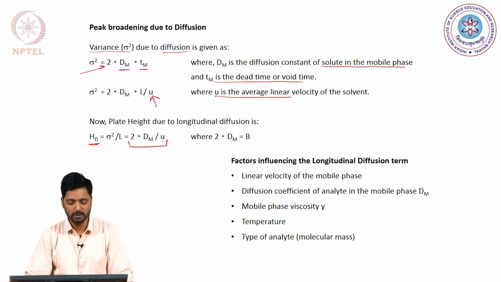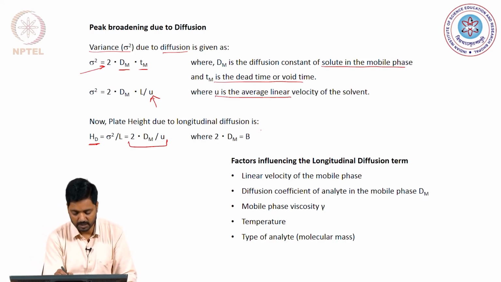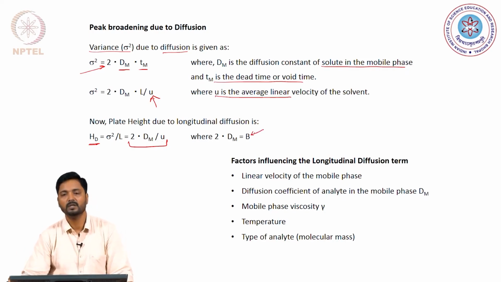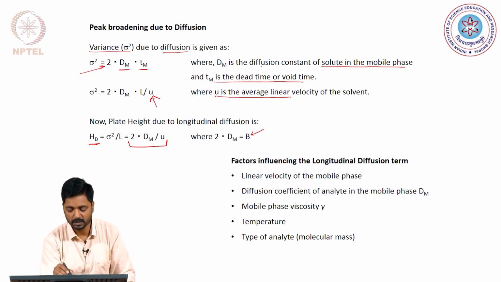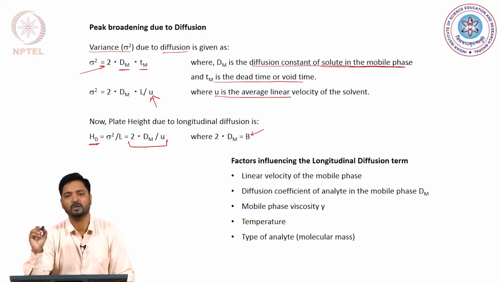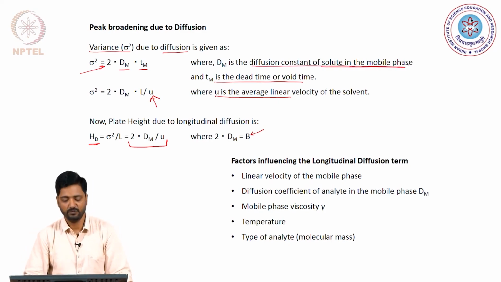Now, this 2 Dm by u is actually our longitudinal diffusion term. So, it mainly depends upon the diffusion constant of the solute in the mobile phase. So, the factors that influence this longitudinal diffusion term will be the factors that govern the diffusion of the solute in the mobile phase.